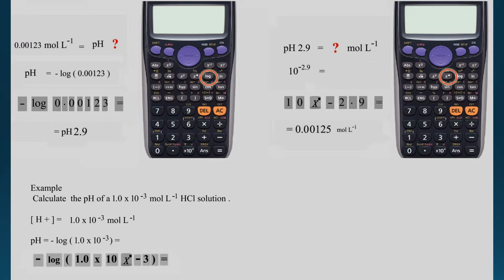Some students, maybe they're not very good at mathematics, so please be aware of this: 10 to the minus 3, power of minus 3. How do you put it onto the calculator? This way. So now you can key that in. And here's the answer.